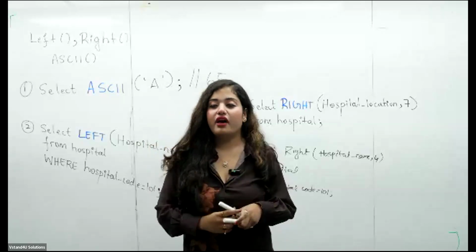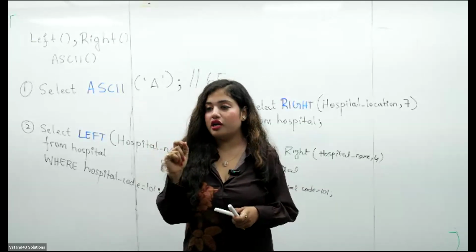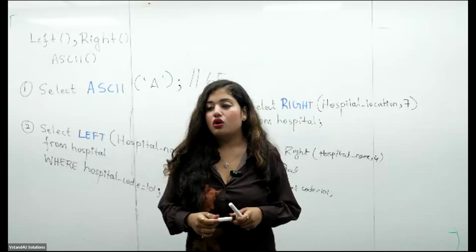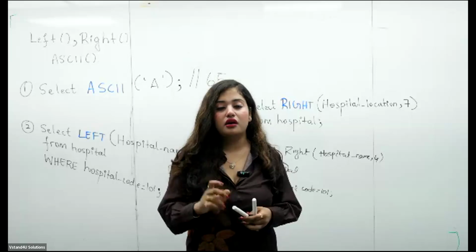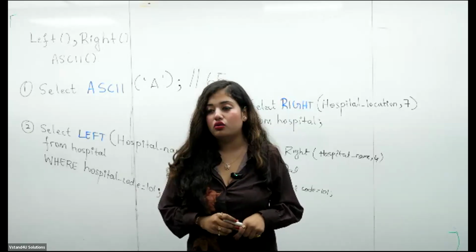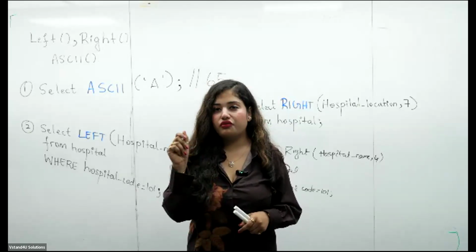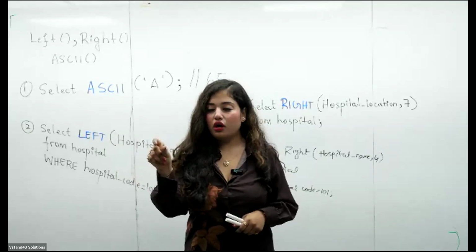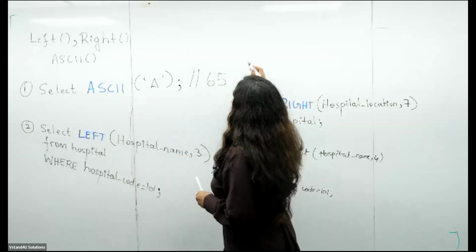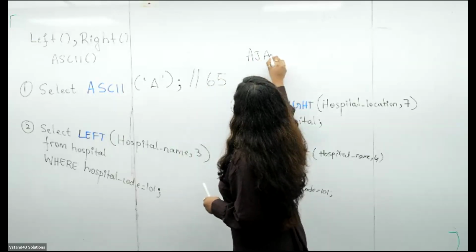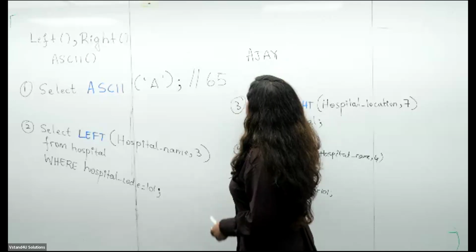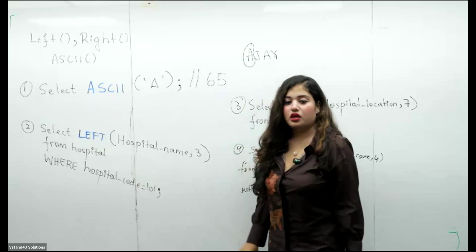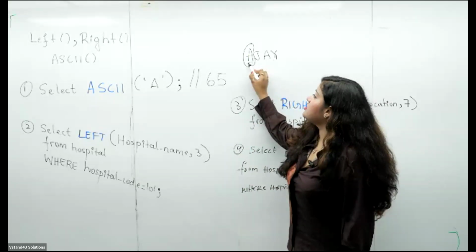See, ASCII value means it will fetch the value only of the first character. Only for the first character, it will always fetch the value. If you have a word called Ajay, you will get the ASCII value for the first letter A, since this is the first character.